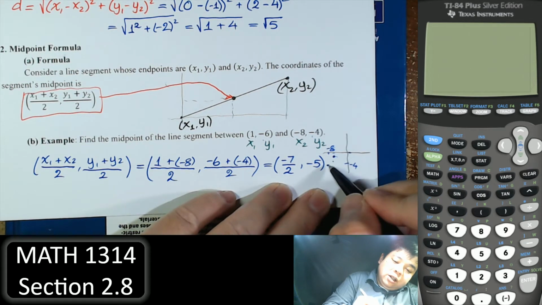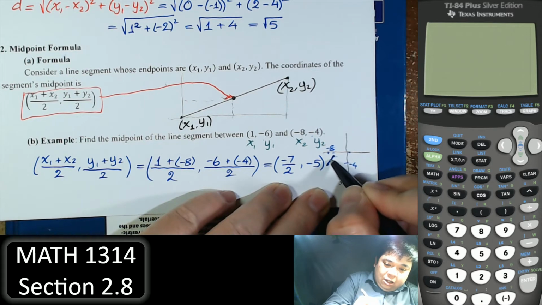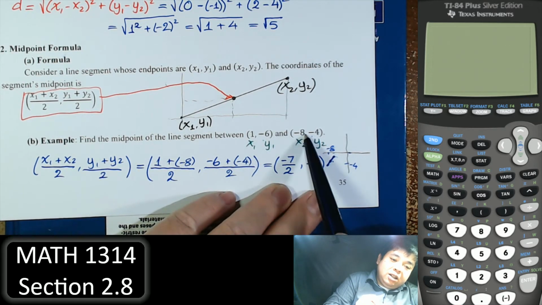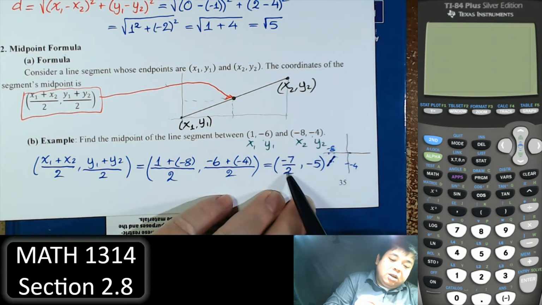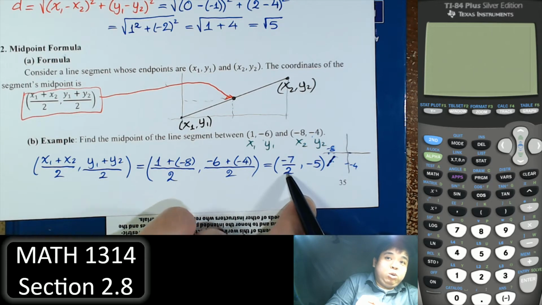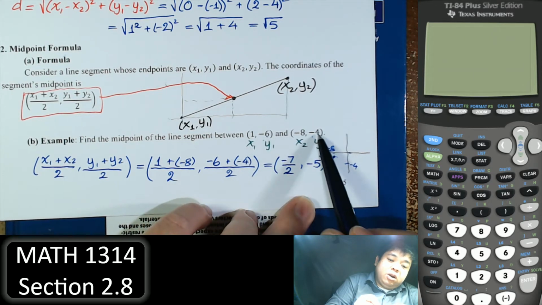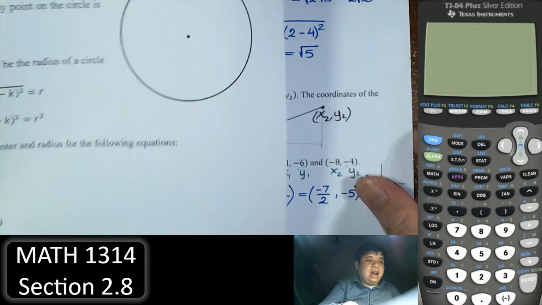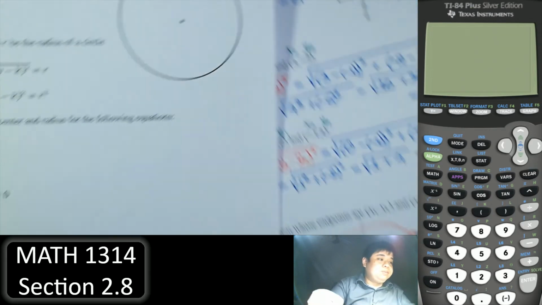So it's like that. The midpoint between 1 and negative 8 is negative 7 over 2, or negative 3.5, and between negative 6 and negative 4 is negative 5. So it's just the average or the midpoint on the x-axis and the midpoint on the y-axis, the average of the x and the average of the y.